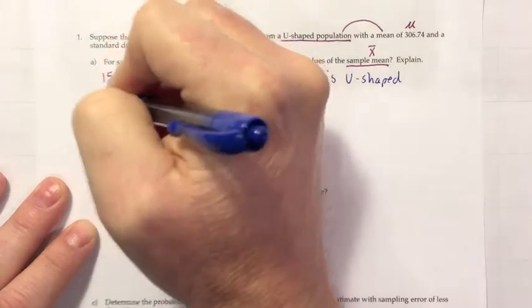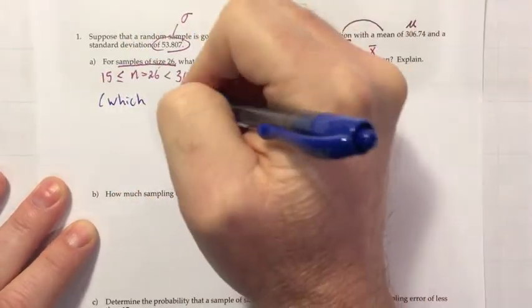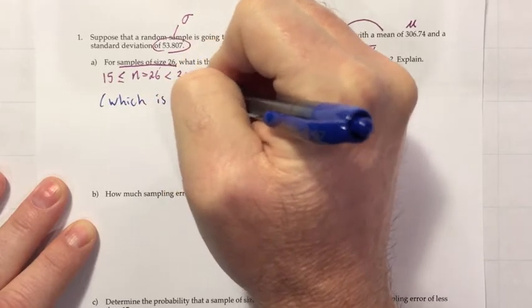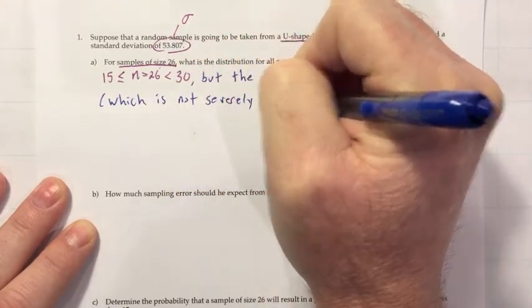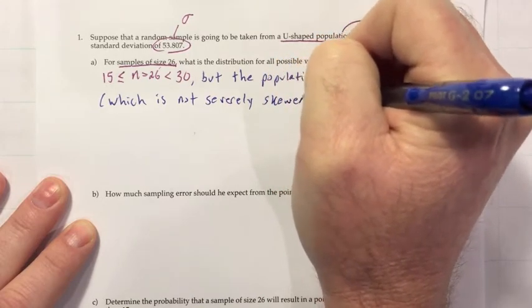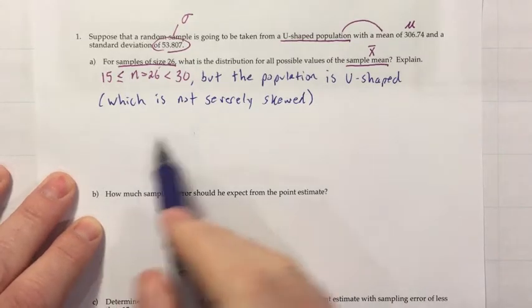And then why is that important? Because that is not severely skewed. So we've got good news there. We have a medium-sized sample, which isn't good, but the population is U-shaped, which is not severely skewed.